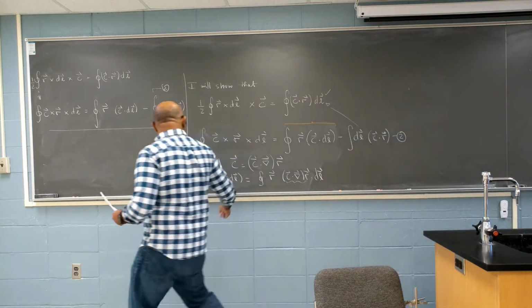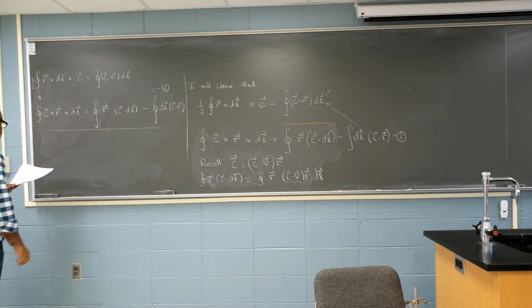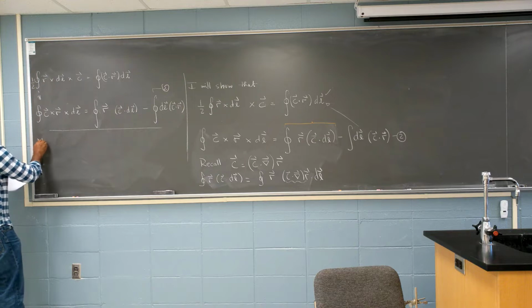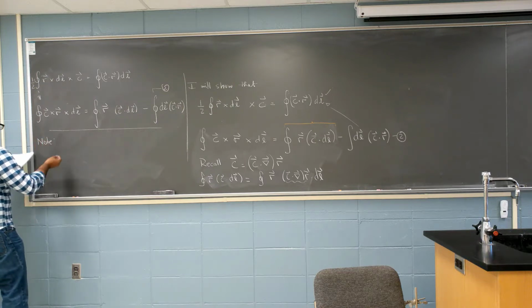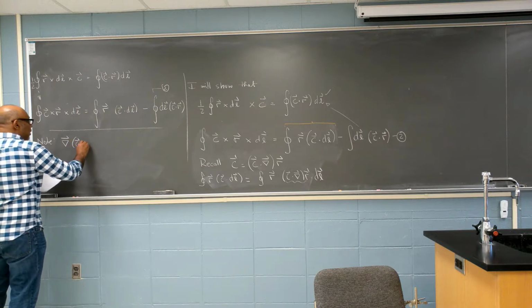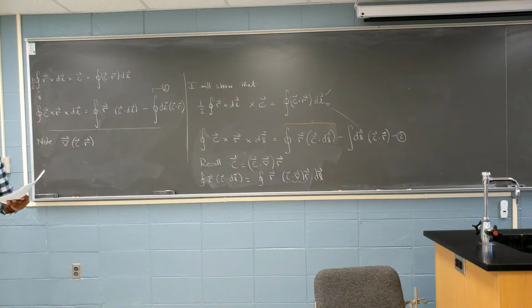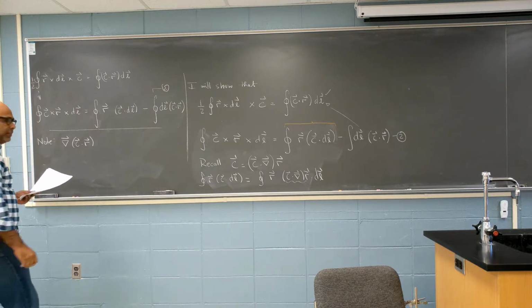I'm going to start substituting over here. I'm going to use another identity, just a vector identity. None of this is tough. Gradient of C dot R. If I recall, Martin said this is property number 4 or something like that, right?